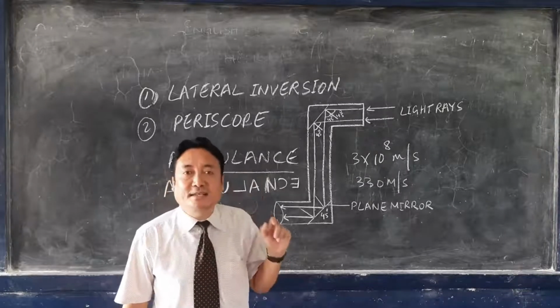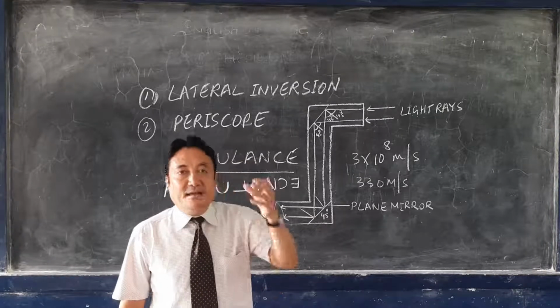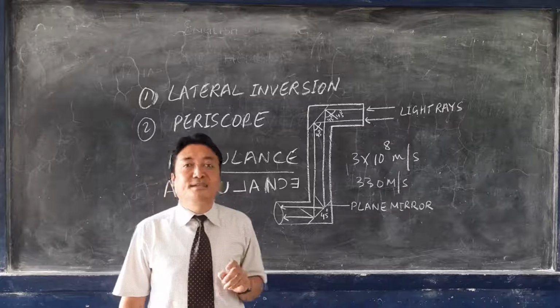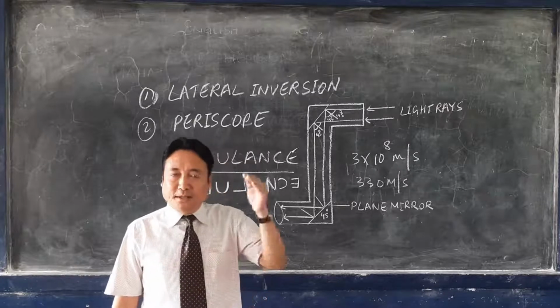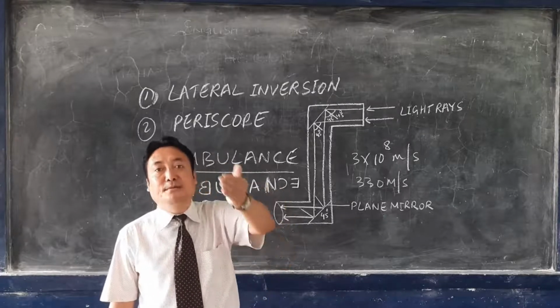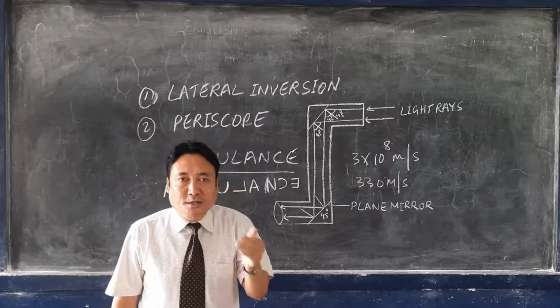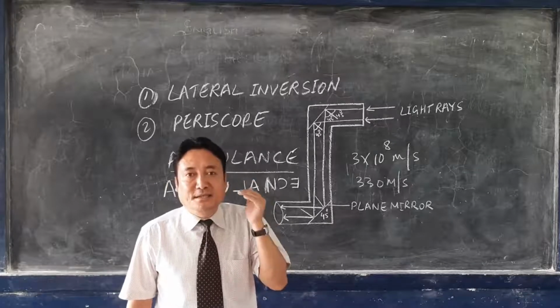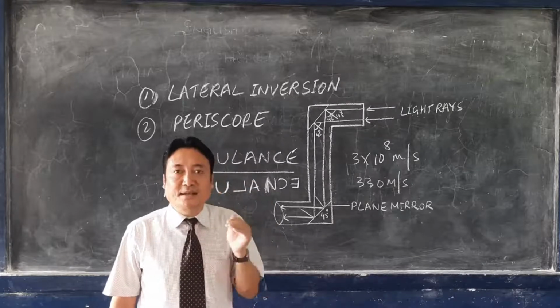Air is considered a rarer medium, and glass and water are known as denser media. So when a ray of light passes from a rarer medium towards a denser medium, there is always a decrease in the speed of light.